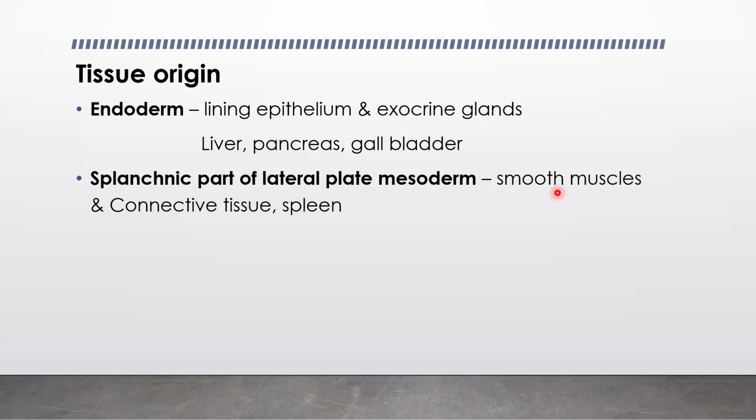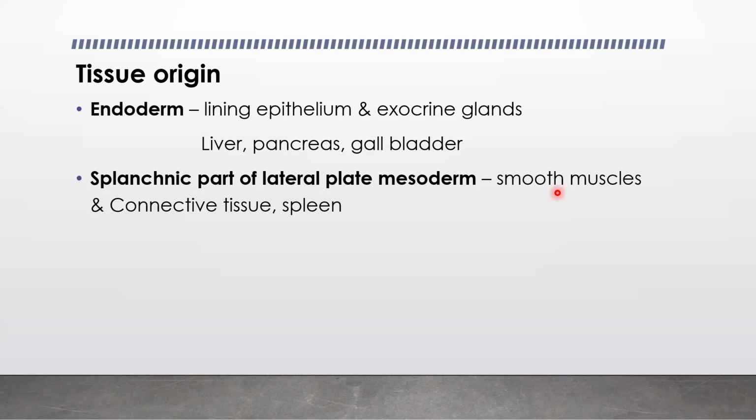Those will be coming from the splanchnic part of lateral plate mesoderm, and then the connective tissue, and also the spleen. The spleen develops as mesodermal aggregations. They come together and fuse to give us a definitive spleen, but we'll see that in a few minutes.